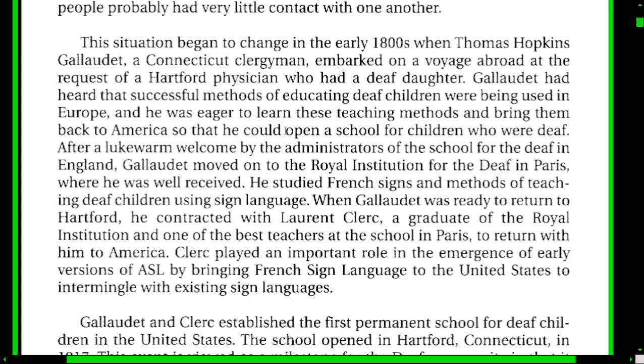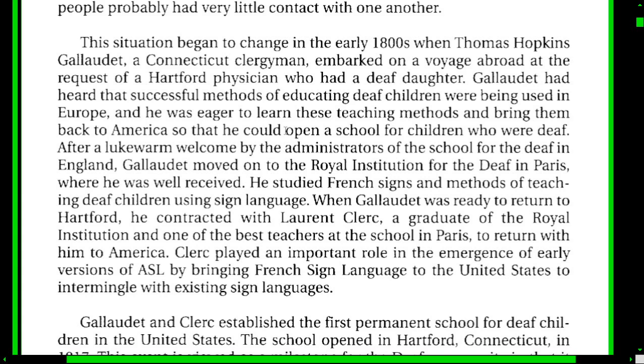When Gallaudet was ready to return to Hartford, he contracted with Laurent Clerc, a graduate of the Royal Institution and one of the best teachers of the school in Paris, to return with him to America.